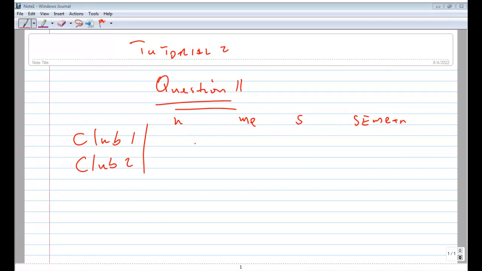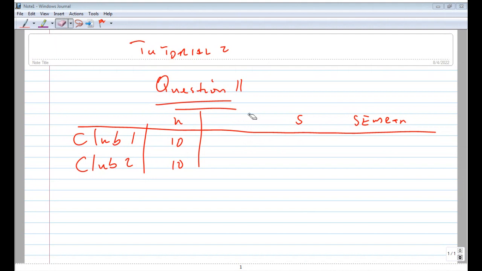Sample size 10. Oh, there's no mean. Supposed to have a mean. Let me say y bar, 0.9788.